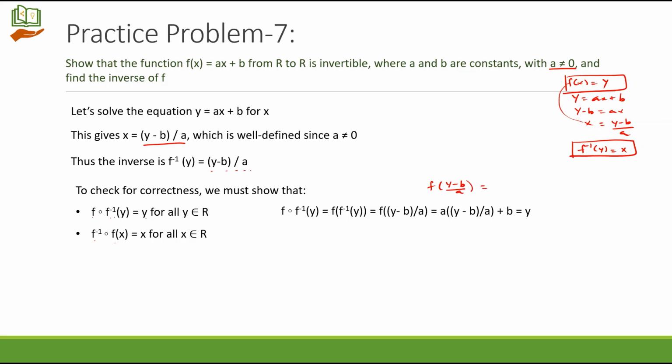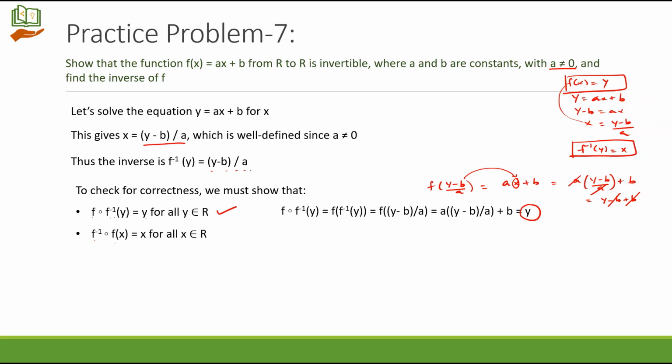So what is the function actually? A into x plus b. So instead of this x, you have to substitute this particular part. So this will be a into y minus b by a plus b. So a and a will get cancelled, and finally we have y minus b plus b, and minus b will get cancelled, and only y will stay.